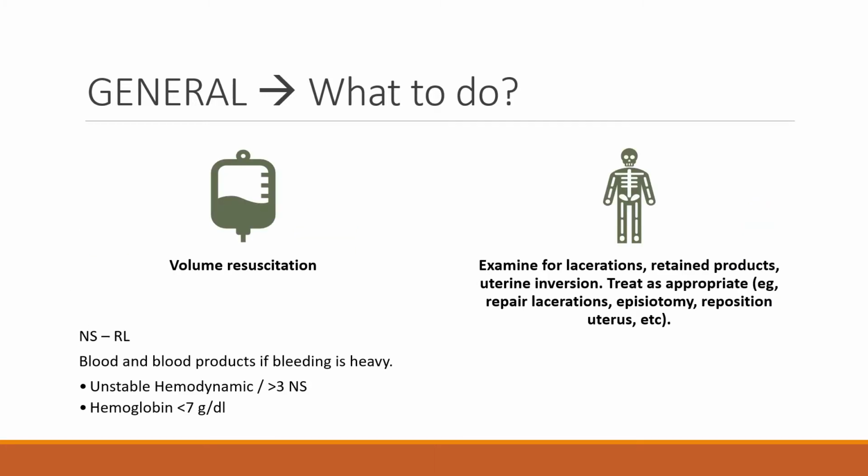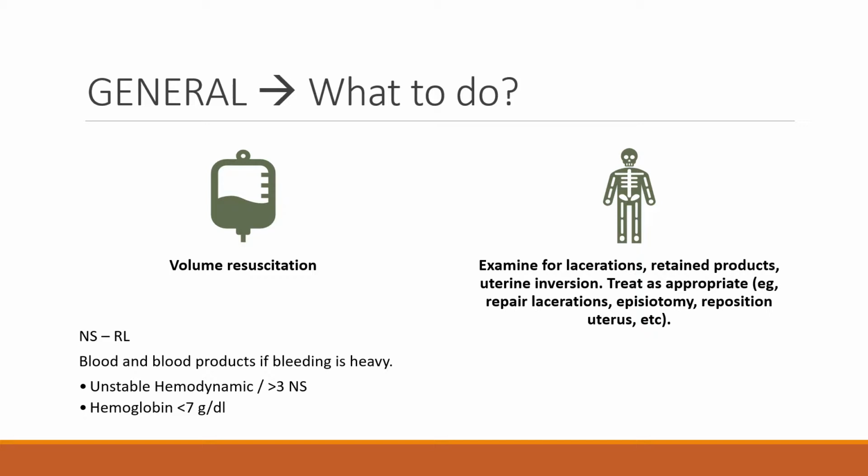Then, once you have the 2 large catheters and you have requested the laboratory, you have to start with the volume resuscitation. That means you have to start giving normal saline and Ringer lactate. This management is the same for many situations. We have seen this management in detail in the shock class.